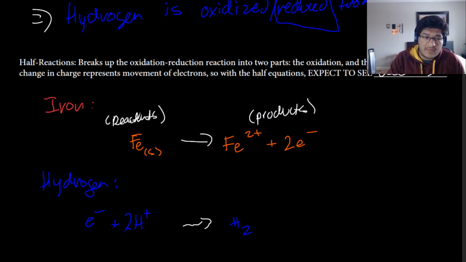For example, let's look at the iron one that we just did. We know that the charge over here is 0. That's the wrong color. We know that the charge over here is 0. We know that the charge over here is 2 plus, and we have 2 electrons. So the 2 plus and the 2 electrons cancel out to make 0. So we have 0 on both sides.